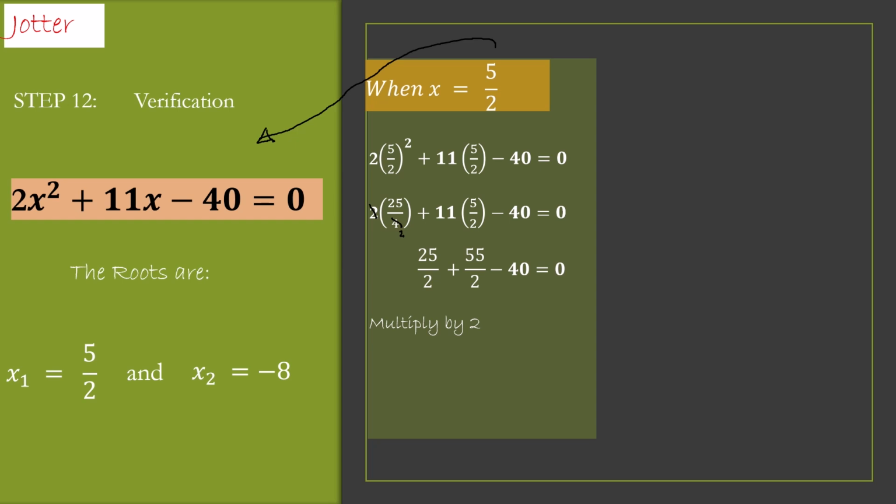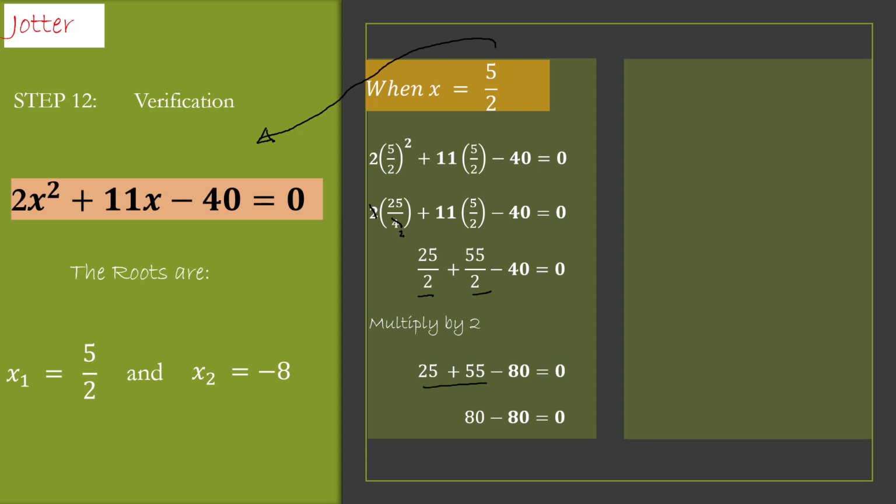Because we have fractions here, the best way to go about this is to multiply the whole expression by 2. So multiplying the expression by 2, we are going to have 25 plus 55 minus 80 equals 0. 25 plus 55 is 80. So we're going to have 80 minus 80 equals 0. And so the first root that says x equals 5 over 2 satisfies the equation.